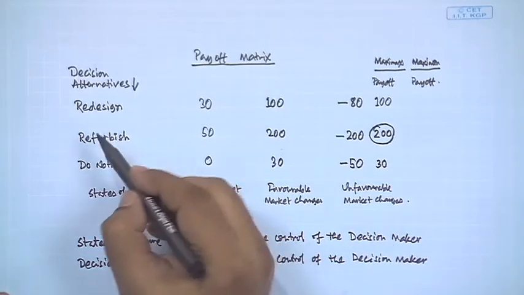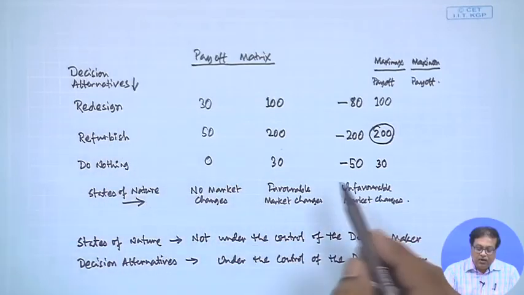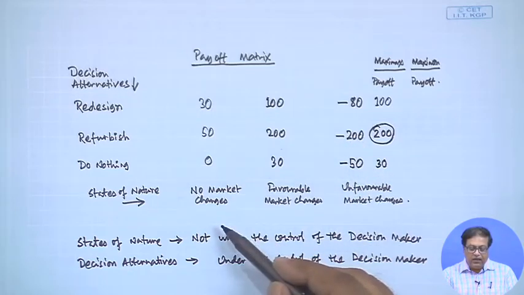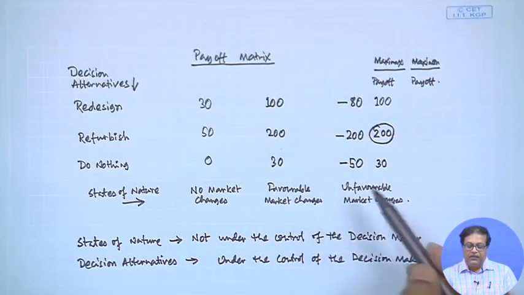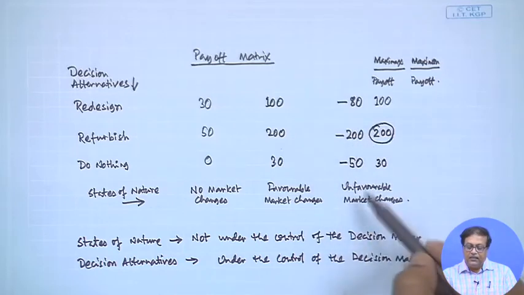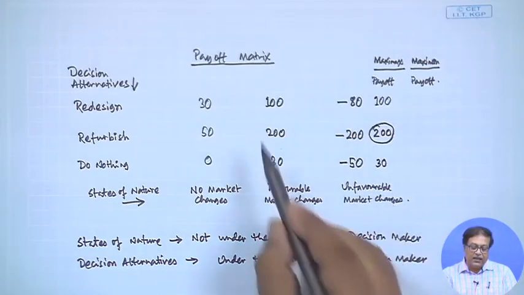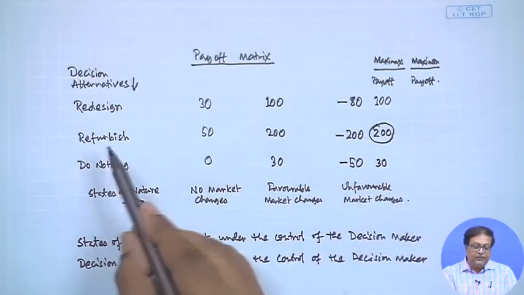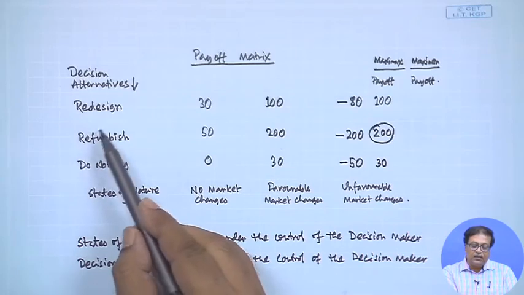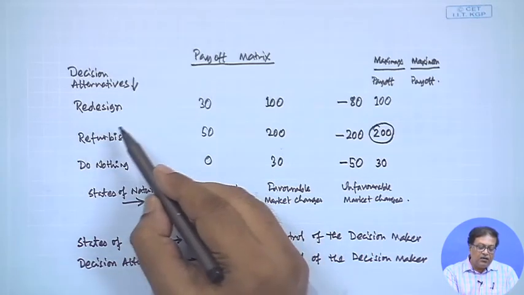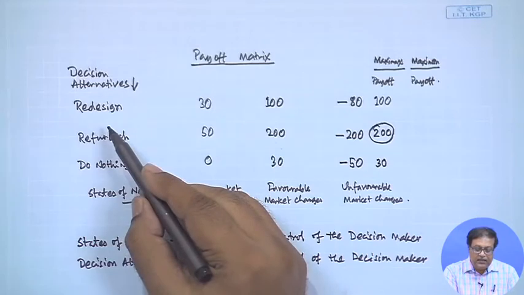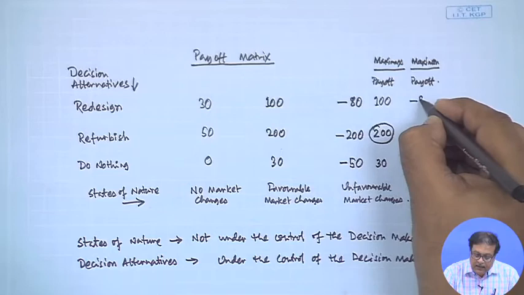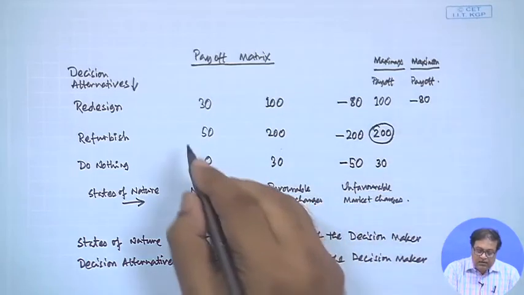Let us say the person goes for redesign, then the payoffs are 30, 100 and minus 80: 30 for no market changes, 100 for favorable market changes and minus 80 for unfavorable market changes. Out of these, the worst payoff is minus 80. That means the pessimist who thinks the worst is going to happen would expect a payoff of minus 80 for the redesign alternative, because that is the worst payoff.